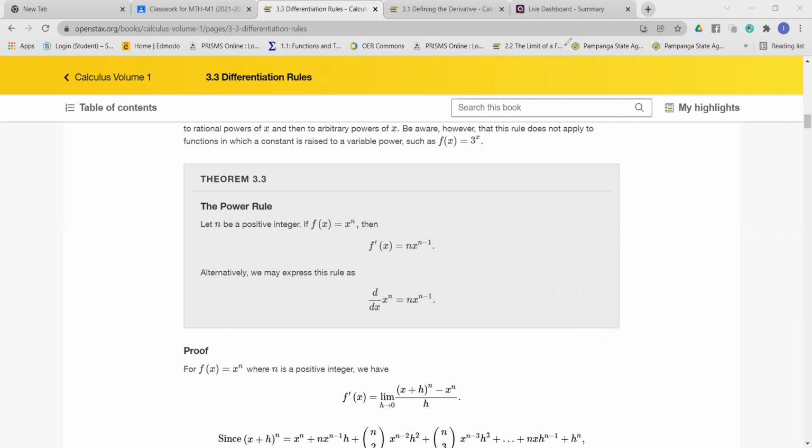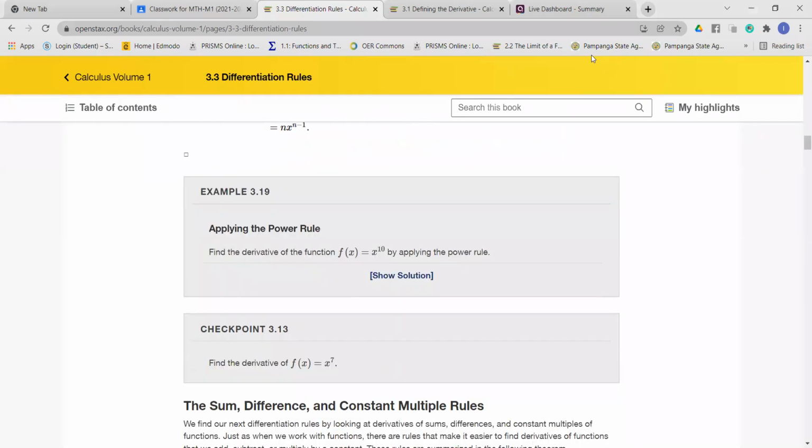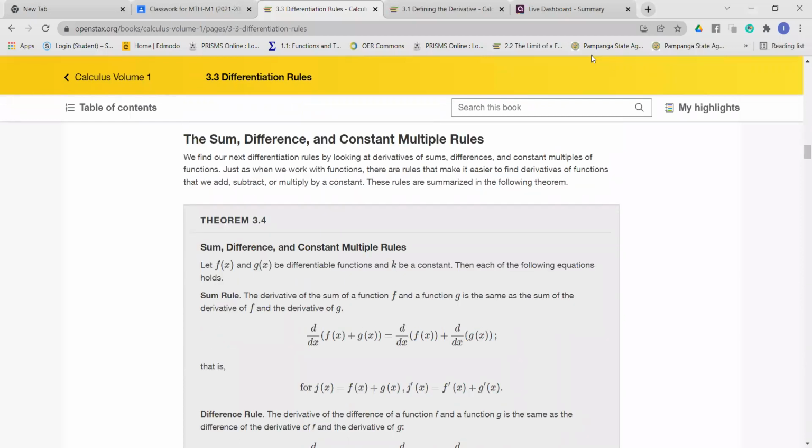Okay, next. We have what you call the sum, difference, and constant multiple rules. Pag sum and difference, ibig sabihin meron kang mga terms. It states here that the derivative of f of x plus g of x is equal to the derivative of f of x plus the derivative of g of x. Actually, you can extend this up to how many terms.